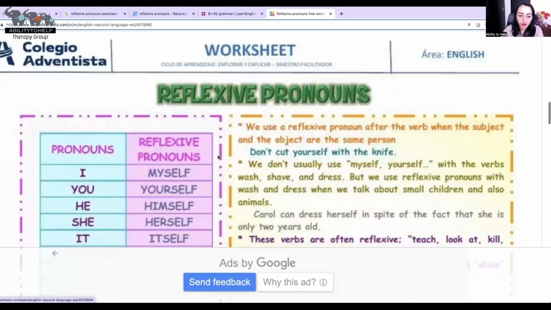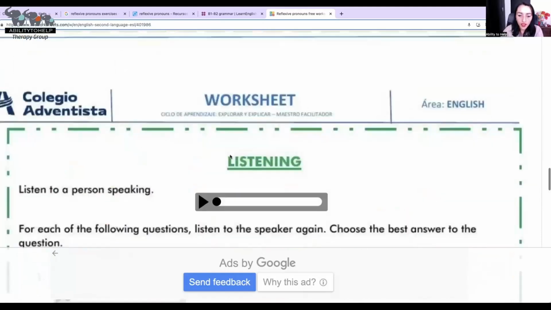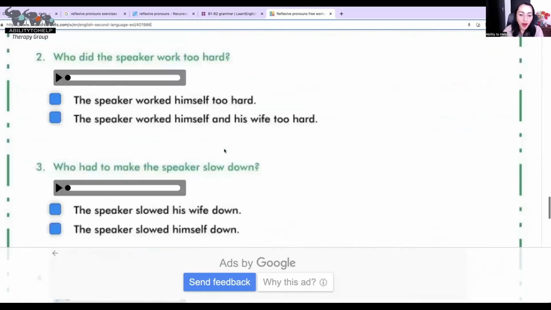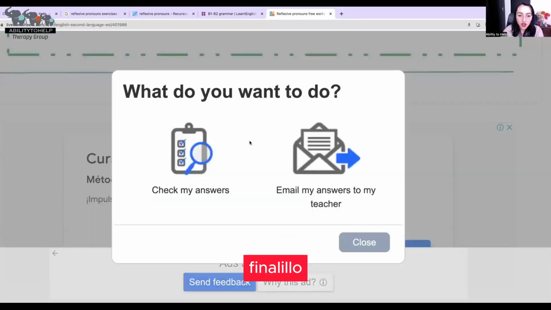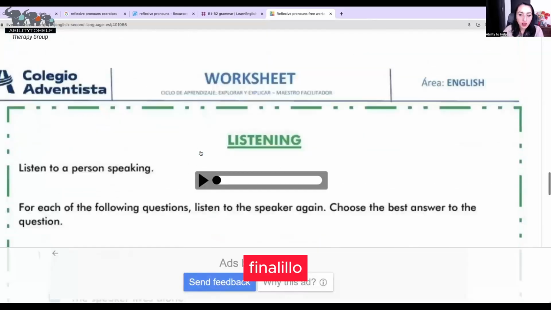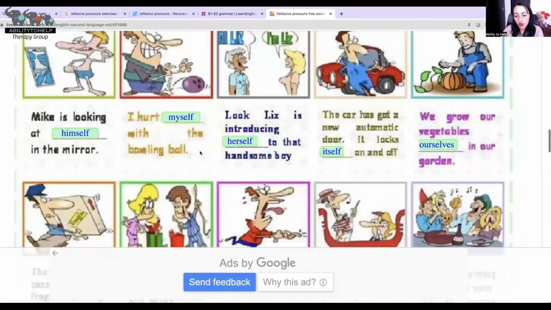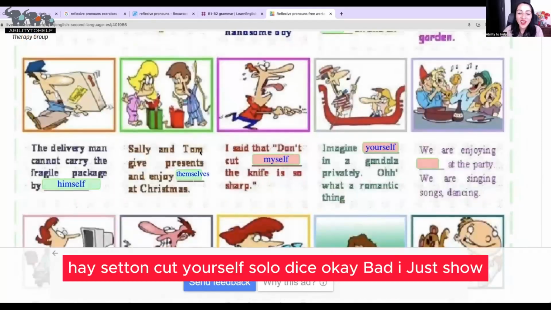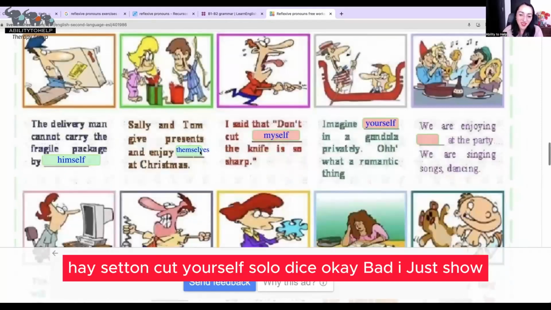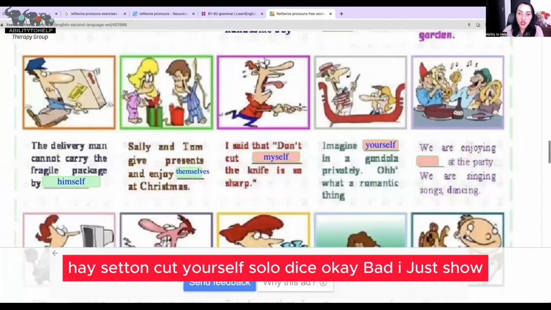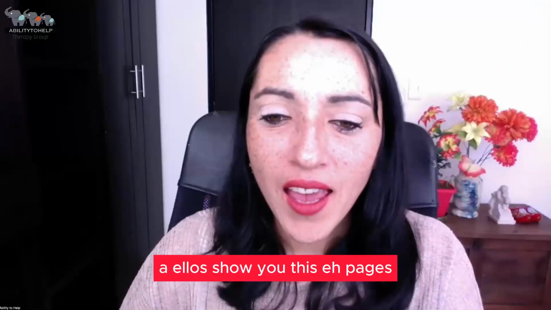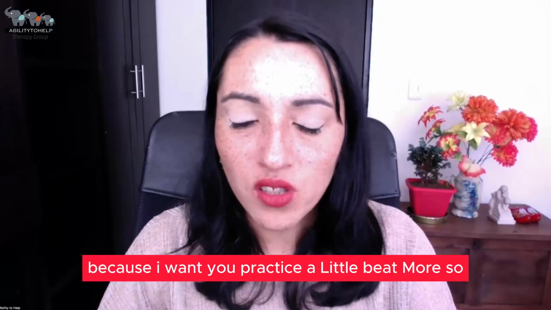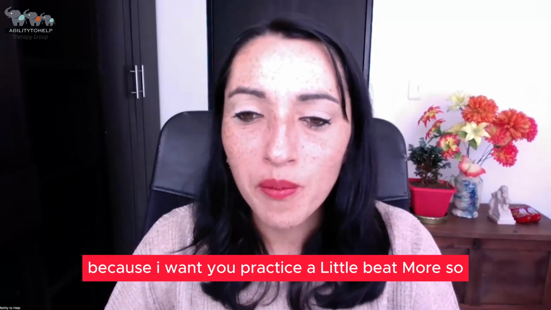Finally, we have many exercises. This is interesting, but I'm gonna finish, check, and you could see, good. I said don't cut yourself, so it's okay. But I just show you these pages because I want you to practice a little bit more.